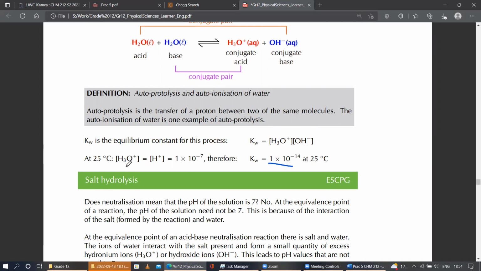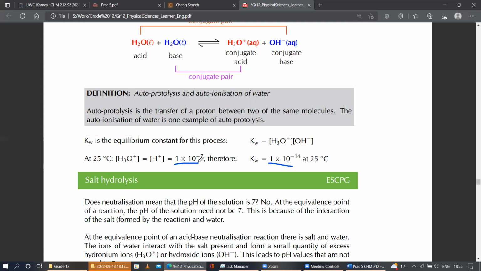And here they're going to give you a few constants, because Kw at 25 degrees Celsius is 1 times 10 to the exponent negative 14. They tell you that the concentration of the hydronium ion and the proton at 25 degrees Celsius is constant at 1 times 10 to the exponent negative 7.